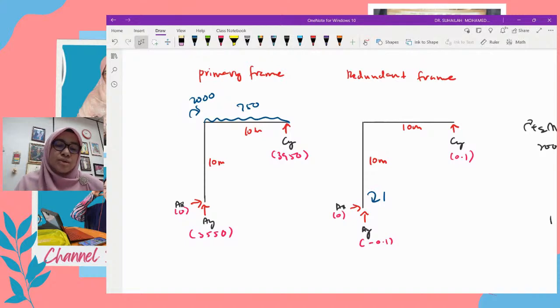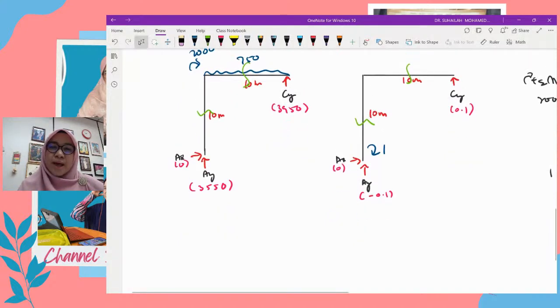So by looking at these two diagrams, we have two cutting sections. Remember that for these two diagrams, they must have the same cutting sections. So here we have two cutting sections, AB as well as BC. This is ABC. When we want to write the moment equation, we need to consider the sign convention.